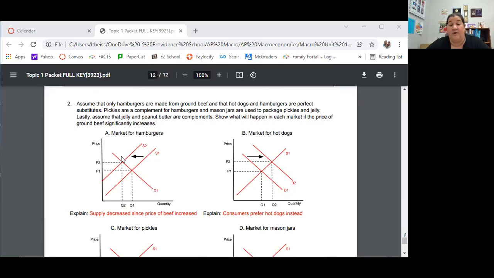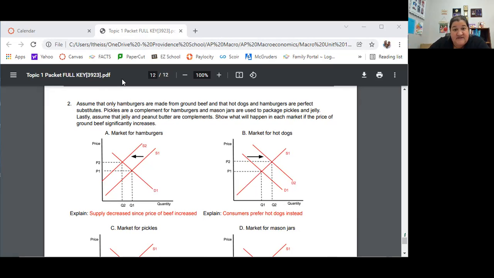But I think once you guys realize that you have to do the shifts separately, and comparing the equilibrium points is the key, and then saying, how did price change? How did quantity change? This is a good example. Let's just pretend like I shifted my supply here.